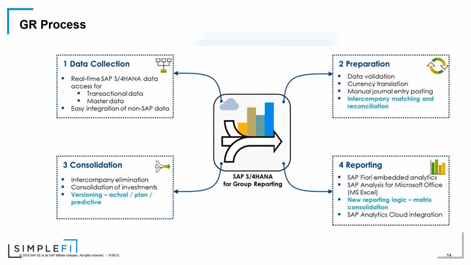So we were able to connect to CDS views, connect Analysis for Office to those views, and have a lot of control over the reporting. That was back in the 1809 version. Now with the newer versions and also a lot of enhancements in 3 to 4 years of maturity for the SAC product, now we're looking more towards doing that reporting in a tool like SAC.